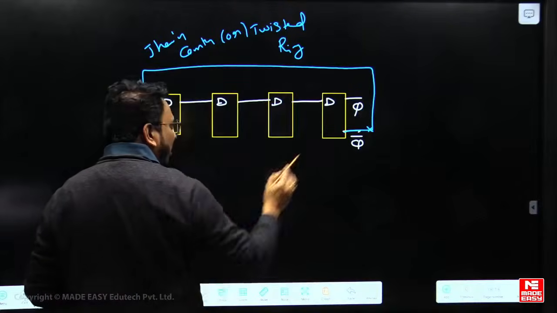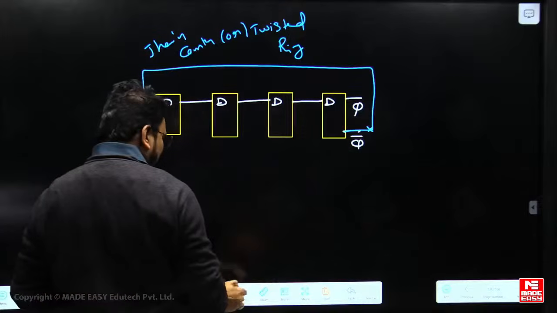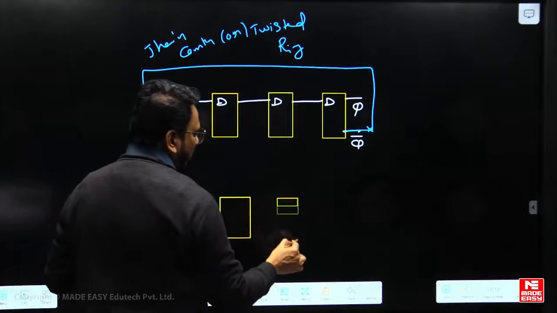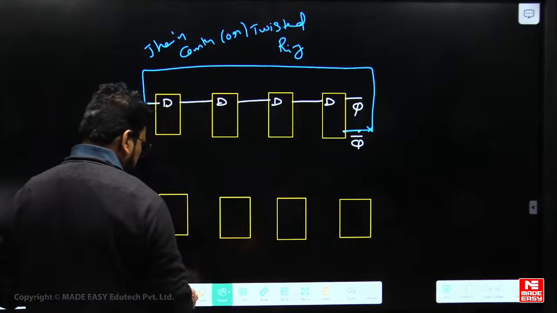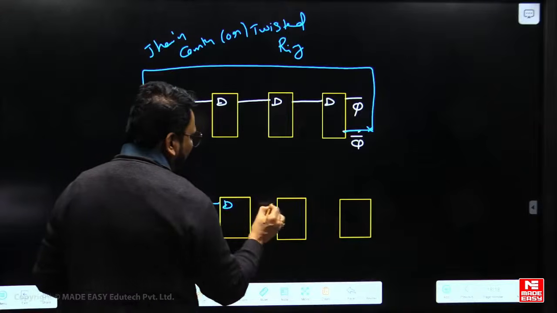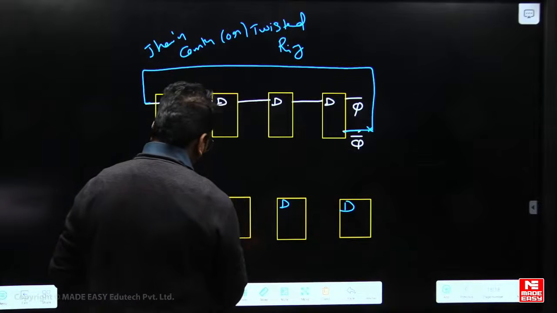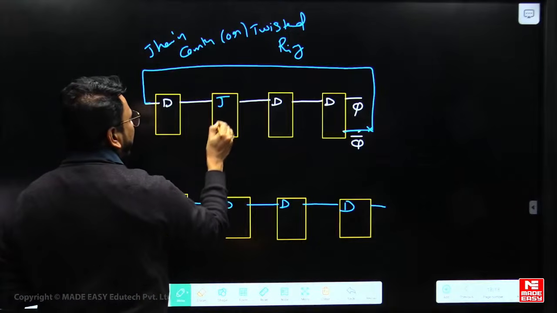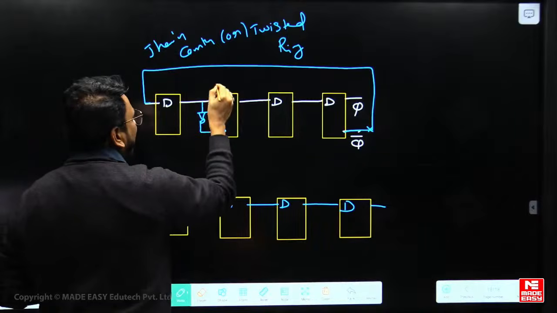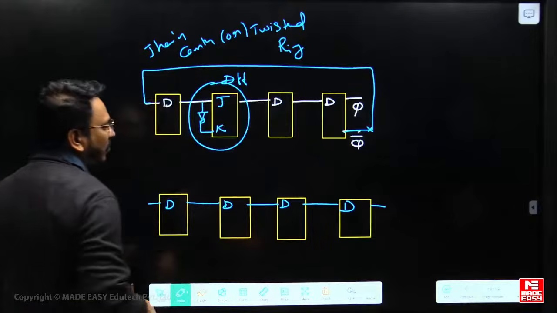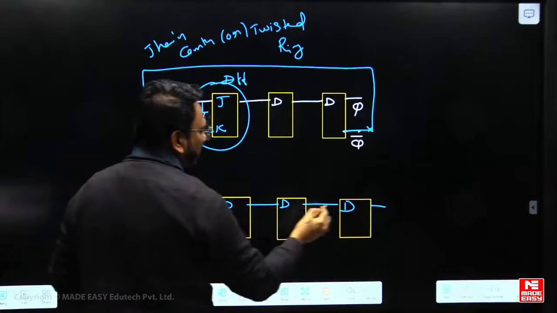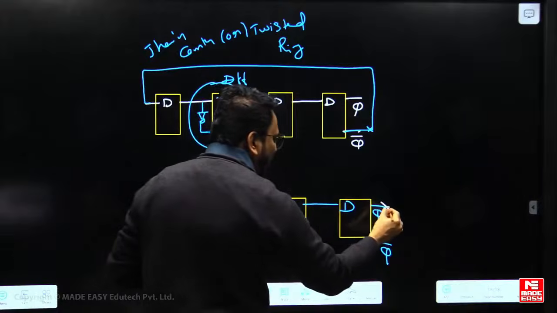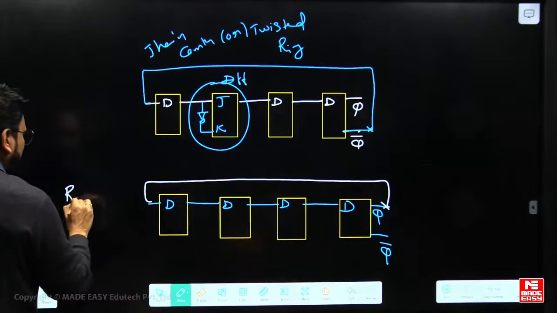If the connection is taken from Q, then all these are D flip-flops. Remember, sometimes they can keep the J, K, and between them the NOT gate. It is also nothing but the D flip-flop only. So this is the Q, this is Q bar. If the connection is taken directly from Q, it's going to be ring counter.